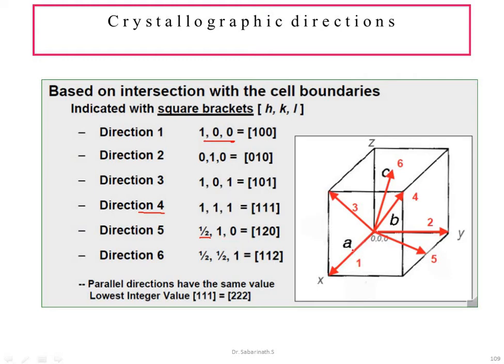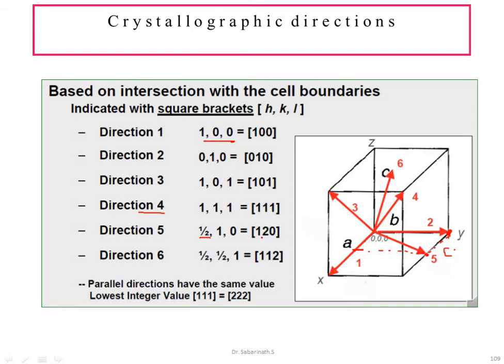So on the x-axis I will take half the distance, only half, and on the y-axis it will be a full unit, up to here, and on the z-axis there is no unit or direction. We just extend it, and this point is termed as half, 1 and 0.